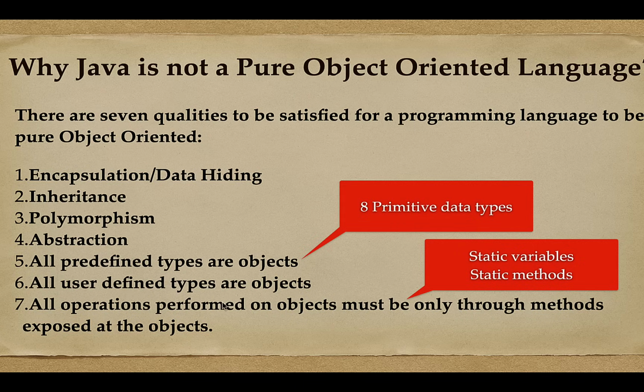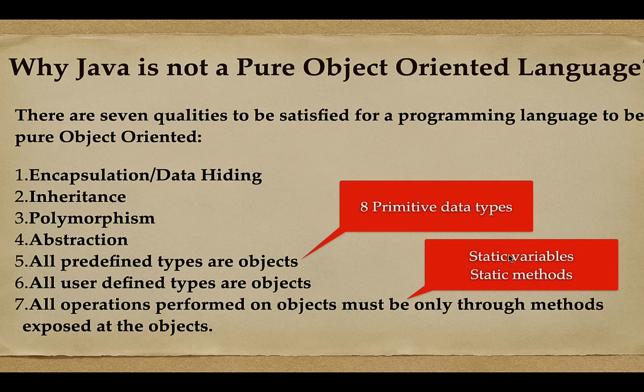Okay, and the 7th, you can see the quality: all operations performed on objects must be only through methods exposed at the objects. Well, in Java, we typically create a class and define the instance variables and methods, and then we create an object of the class and call the instance variables and methods using the object, right? But again, in Java we have static variables and static methods.